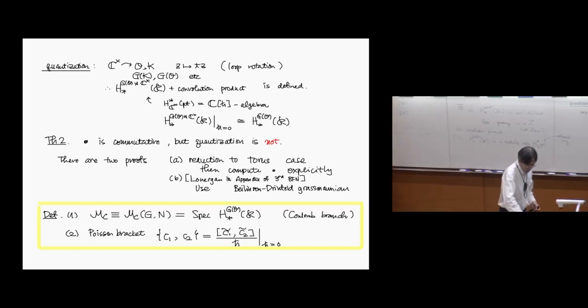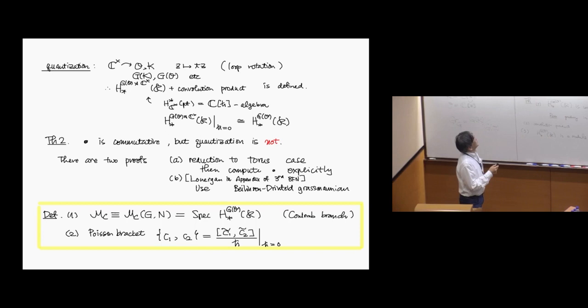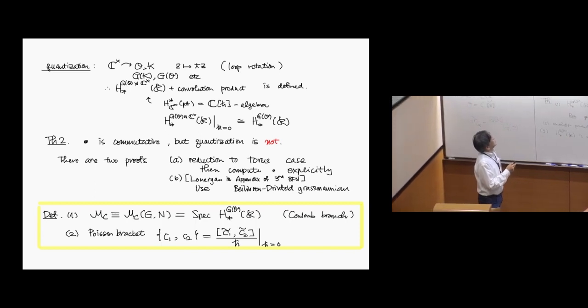Then you consider the same space, but a larger group acting on the space. Then you have the convolution product, and it is an algebra over the equivariant cohomology of this extra symmetry.